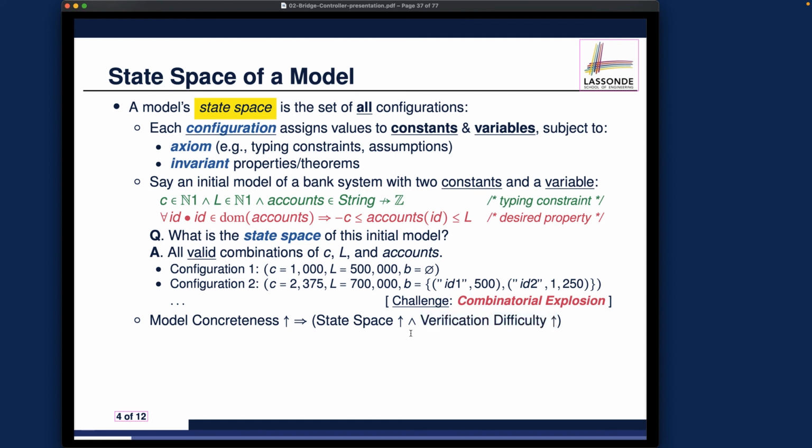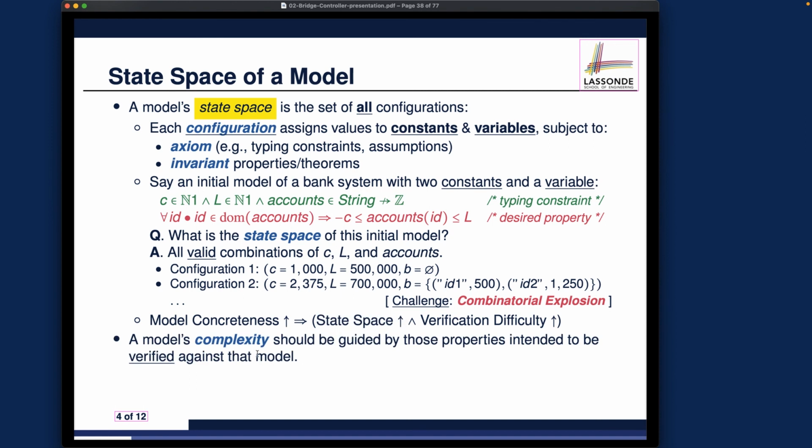Even for theorem proving, it would be quite difficult to complete if your state space is excessively large. That's something we would discuss as well, right? But that's the formula I want you to keep in mind.